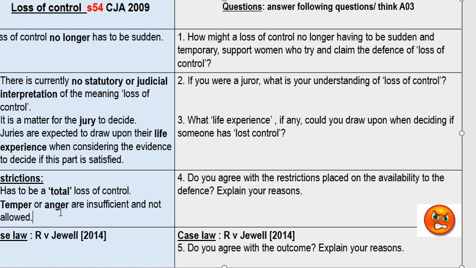Now, it might not say they've packed a bag, they went and sharpened the knife, or anything like that. So you have no evidence of planning and premeditation. So that means the defense could work.